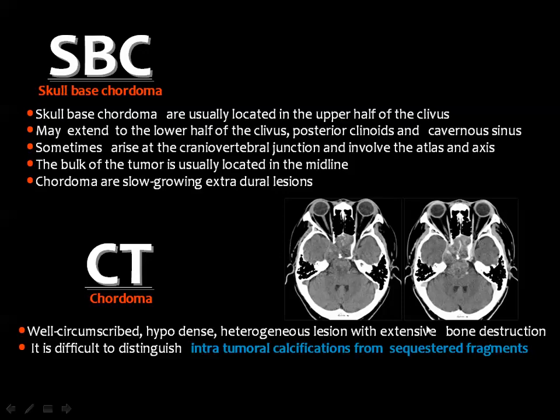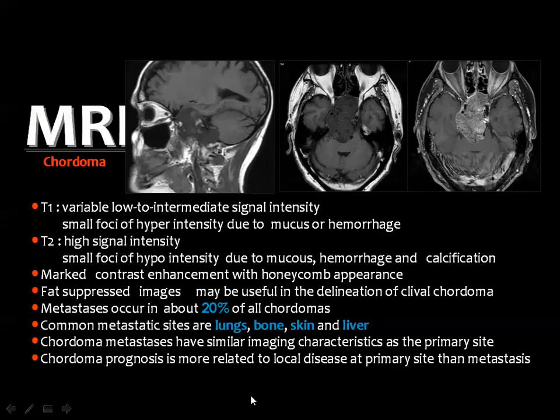And many times you see some, let us say, calcific spots within the tumor, which may represent actual calcium or the sequestrated, destroyed bone fragments from the apex of the petrous bone or the skull base. And this is a chordoma which will show variable signal from hypo to intermediate in the T1 weighted image.